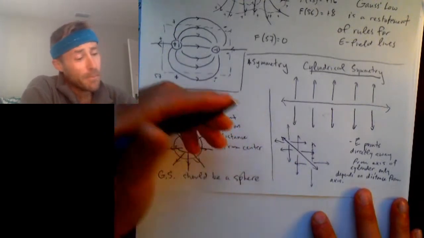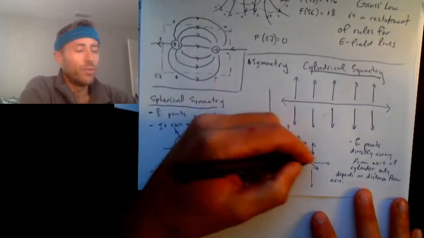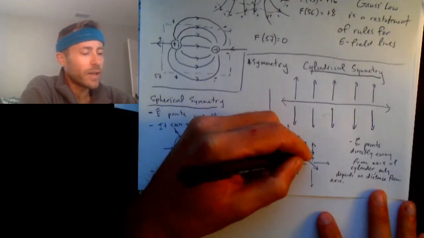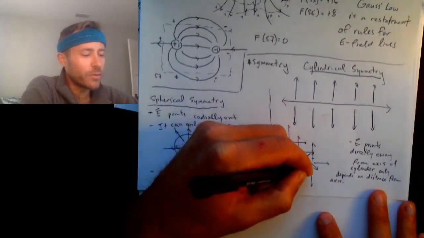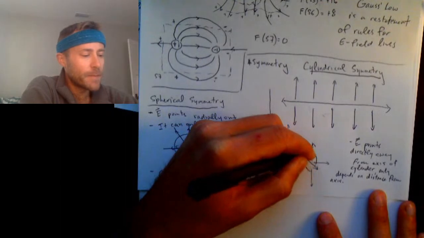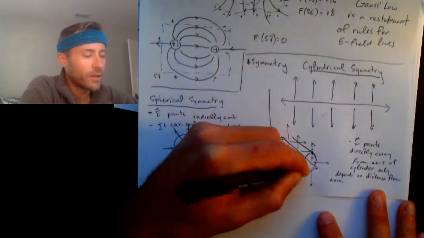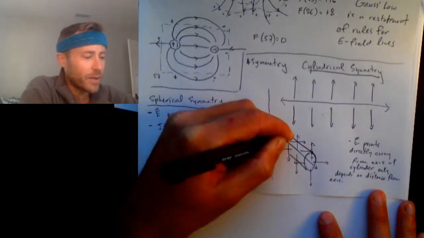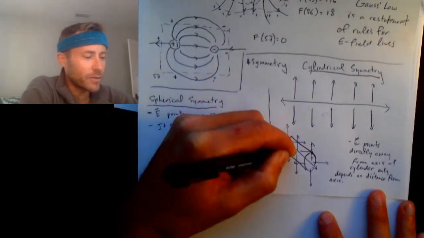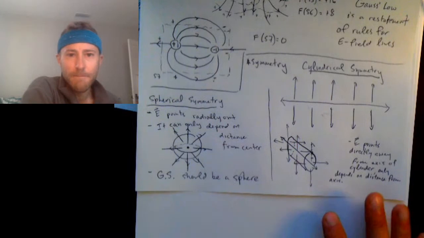In this case, you want your Gaussian surface to also be a cylinder. So basically the lesson is that your Gaussian surface always has the same shape as the symmetry of the object.